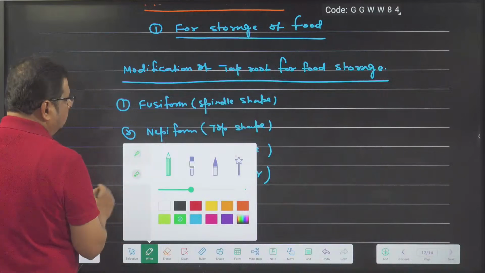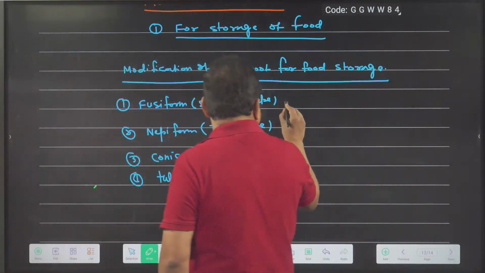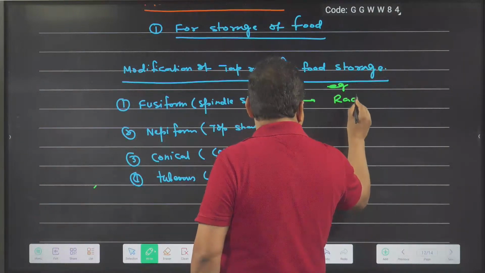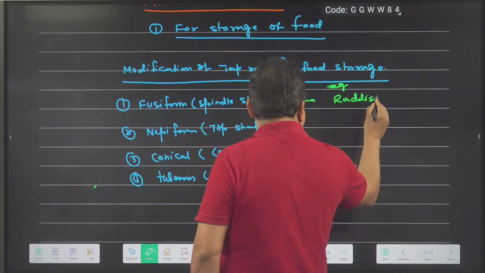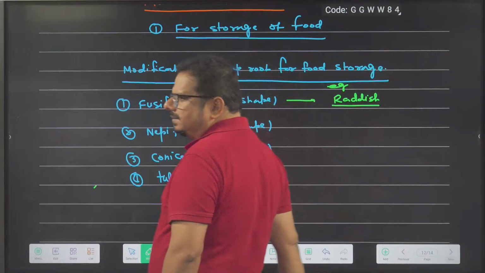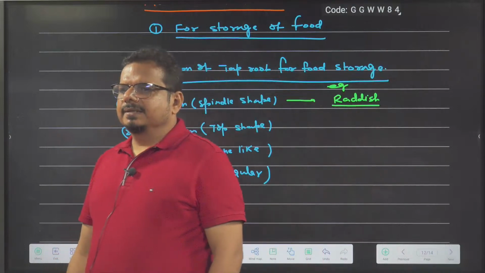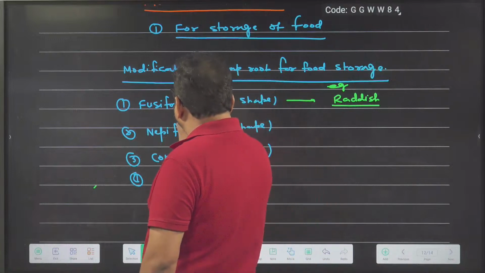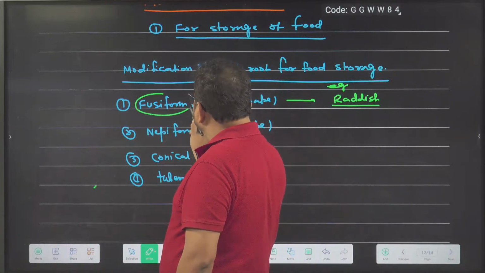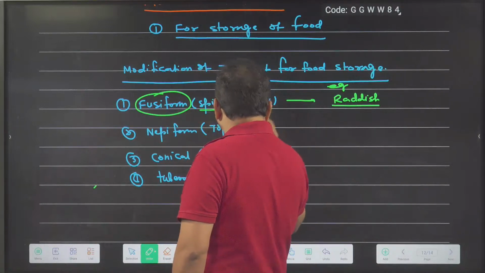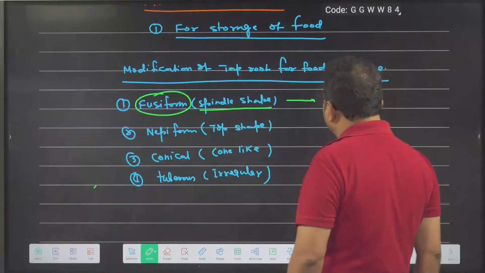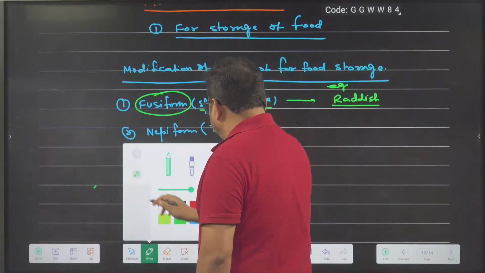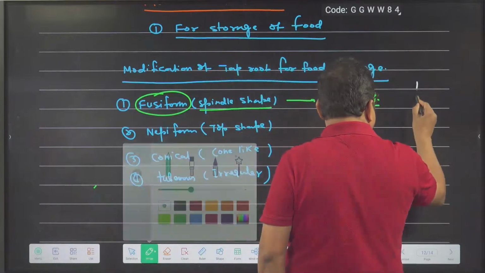So if we talk about fusiform, example of this category is radish. You everyone have seen the radish. The shape is called fusiform, or it is spindle shape. If we draw a radish structure, you're just going to draw the structure like this.